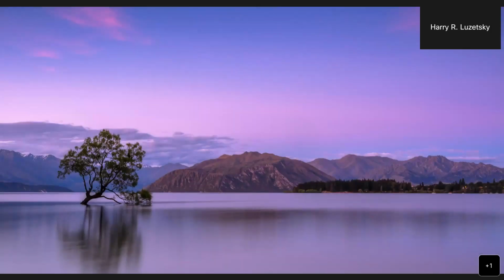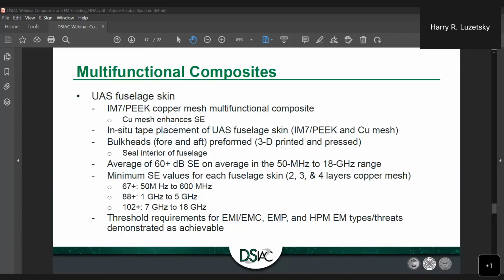There was an average of 60 plus dB in the 50 megahertz to 18 gigahertz range, and the way it was broken out is between 50 to 600 megahertz we were above 67, 1 gigahertz to 5 above 88, and 7 to 18 above 102. So this put us well above the threshold requirements for each of the 3 major threats we had defined earlier. And also we were able to get above the objective in most of those cases.